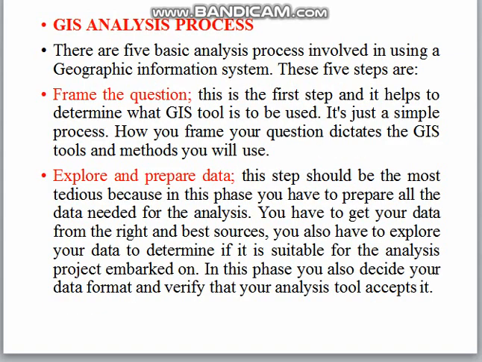Then GIS analysis: there are five basic analysis processes involved in using a GIS information system. Frame the question. This is the first step and helps to determine the GIS tools to use. It's just a simple process of how you have to frame your questions, and the GIS tools and methods will help explore them.